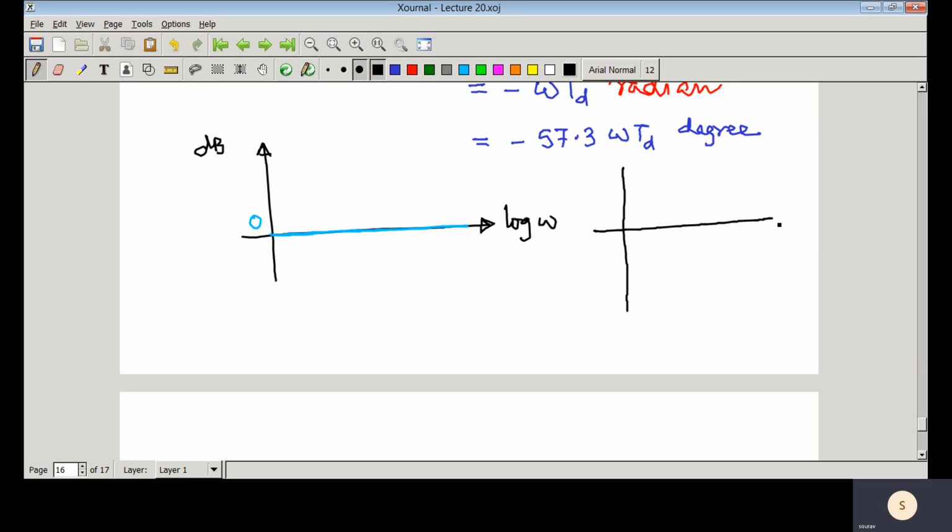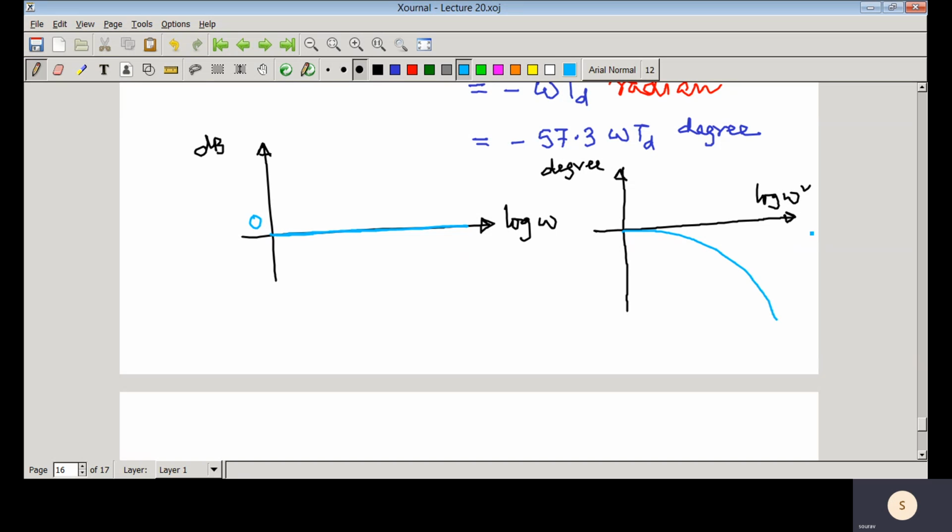And what would be the phase plot here? You can see here, this is log omega scale, and this is in degree. So that is minus 57.3 omega Td, and it is in log scale. So basically your plot would be like this.